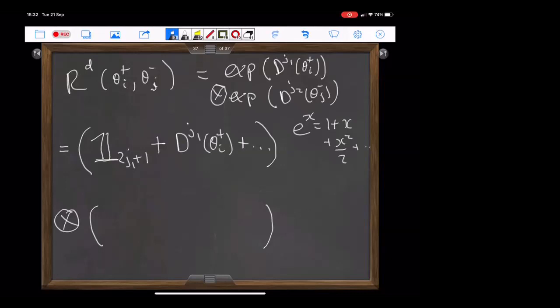I'm going to ignore all the other terms because by definition, you don't need them. Similarly, the second factor will be the same, except you exchange J1 with J2.